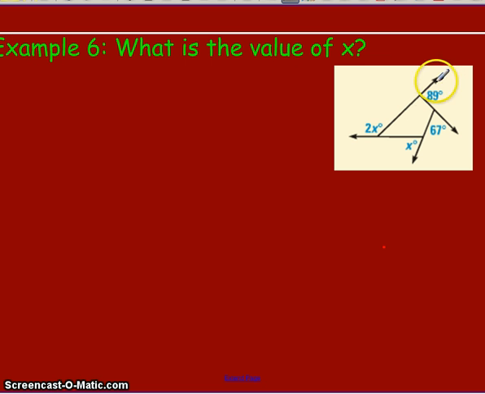Alright, what is the value of x? So we know that all of these will add up to equal 360 degrees again. So I'm going to go ahead and just add my x's this time. So 1x plus 2x is 3x's. And then I've got to add these two. So that's going to be a 6, carry the 1, 9, 15, so that's 156. So I've got to subtract the 156 from both sides real quick.